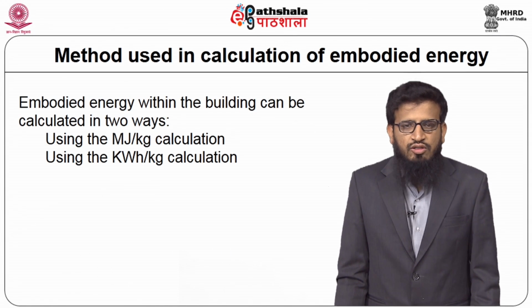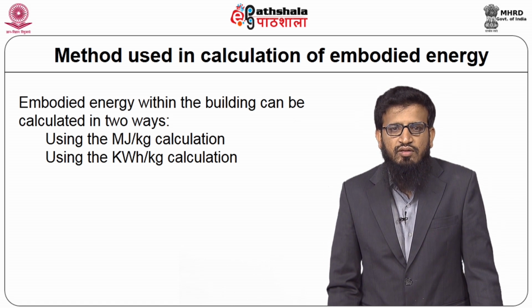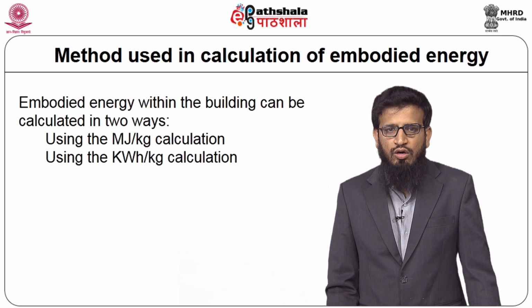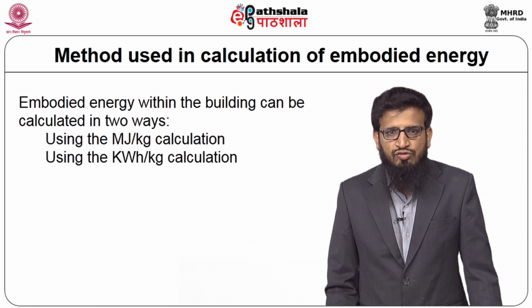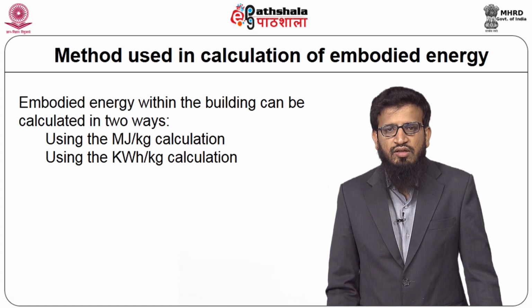Firstly, there are two methods, as we saw in the previous module, that embodied energy is given either in megajoules per kg or kilowatt hour per kg. Now these two methods are right, but to start using them, we need to get the values either in megajoules per kg or kilowatt hour per kg.